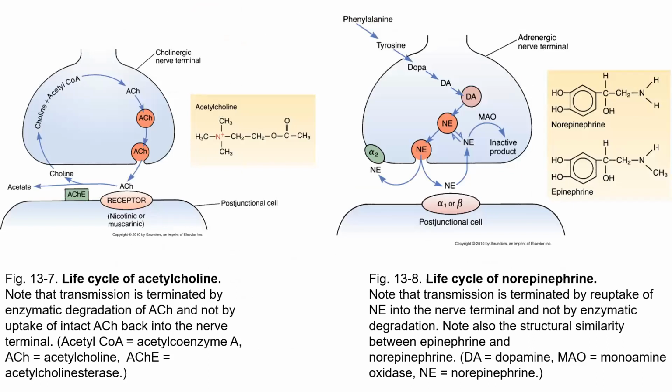This slide provides the life cycle of both acetylcholine and dopamine. As we review the life cycle, from the synthesis of acetylcholine to its release into the cleft, it binds to the N (nicotinic) or M (muscarinic) receptors, and the activation will result in muscle contraction.